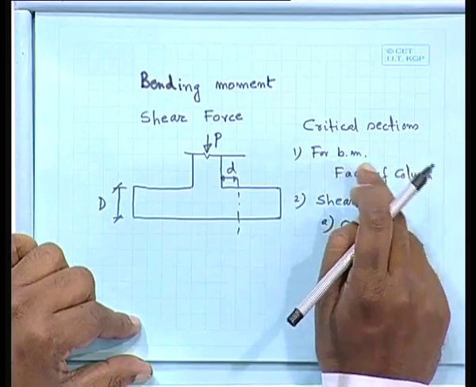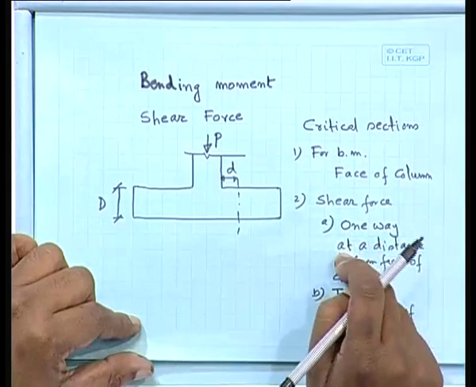Generally, if you see bending moment and shear forces, out of that you will find the shear force governs. That means, taking bending moment whatever depth you get, and taking shear force whatever depth you get, the depth computed from the shear forces will be more than the depth computed from the bending moment.